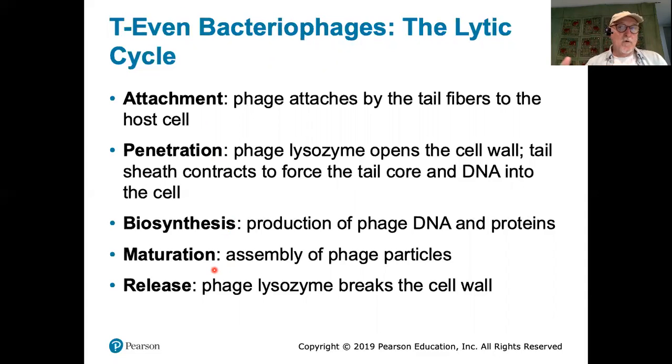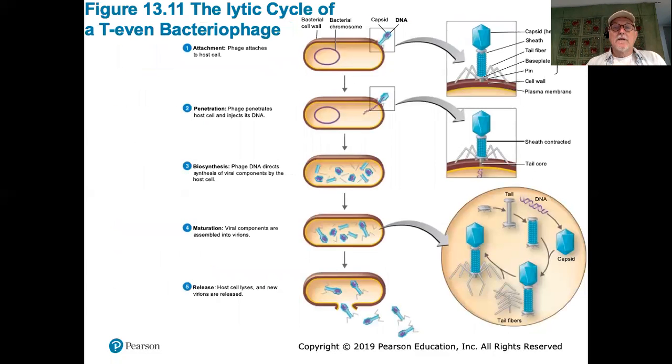We'll see that in all viral infections, no matter whether we're talking about bacteria with their phages or us with our own viruses. So I want to describe, first of all, that in bacteriophages, there are different ways for the phages to relate to the cell. And that is something we see in other viral infections as well.